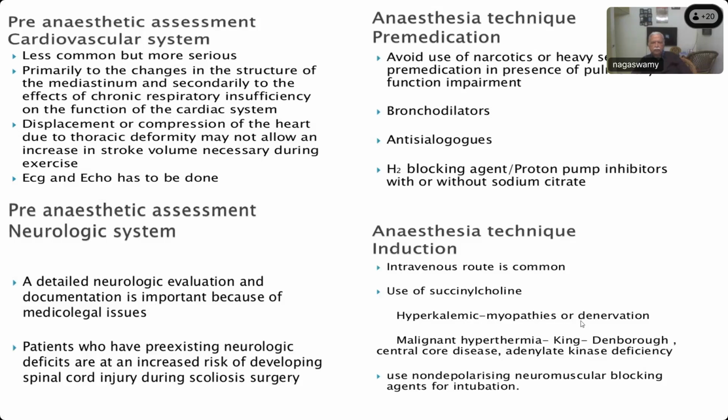Hyperkalemia in myopathies and denervation can happen. So malignant hyperthermia also is a possibility in this particular condition called King-Denborough syndrome, central core disease, or in cases with creatine kinase deficiency. And use of non-depolarizing blocking agents for intubation can be better instead of that.